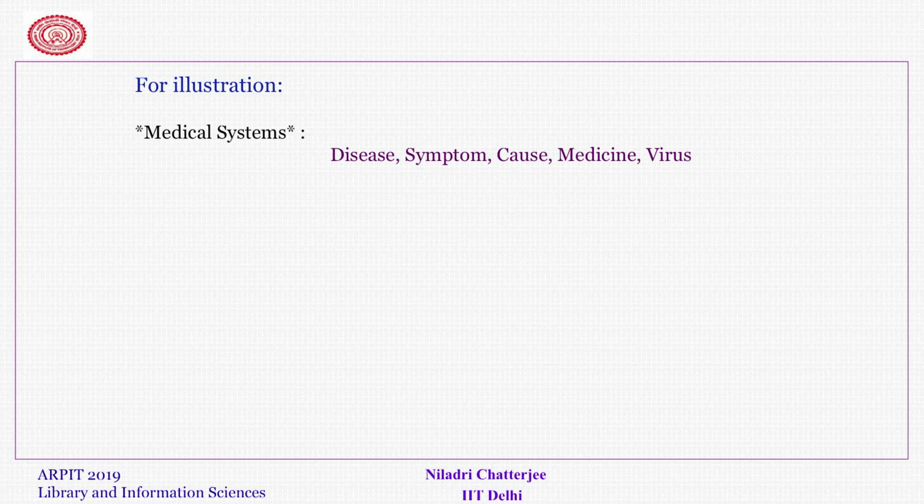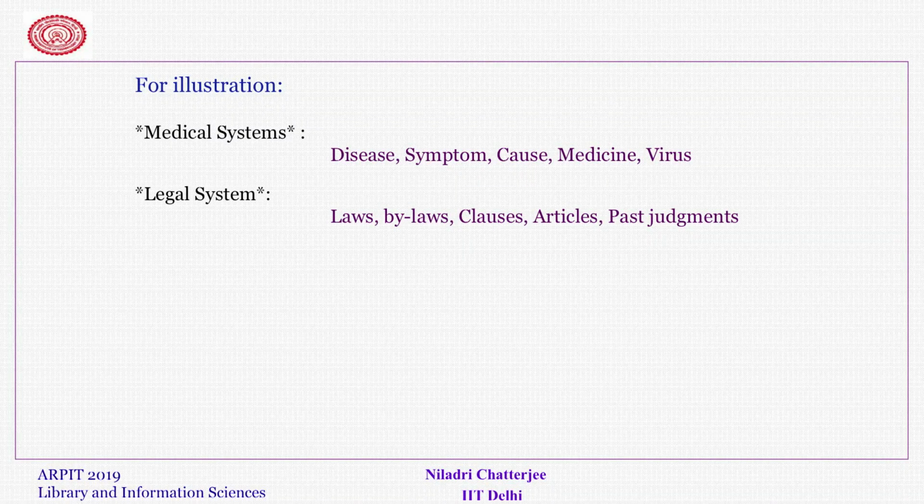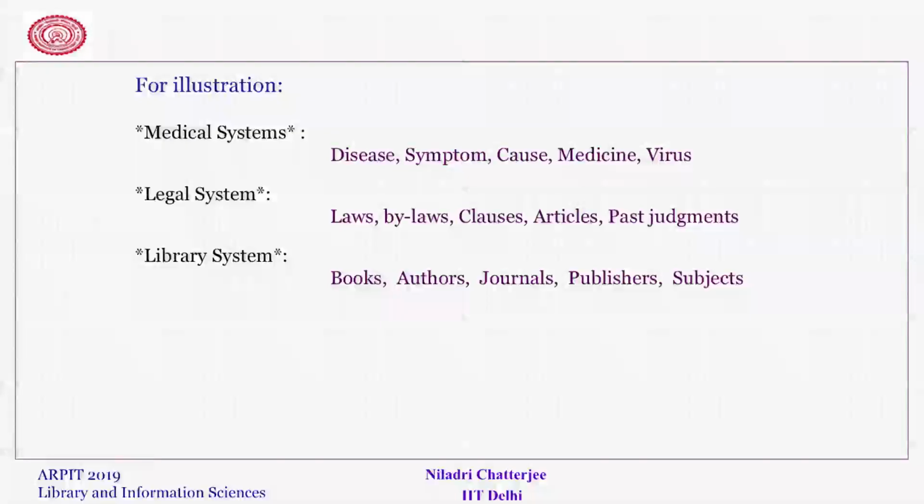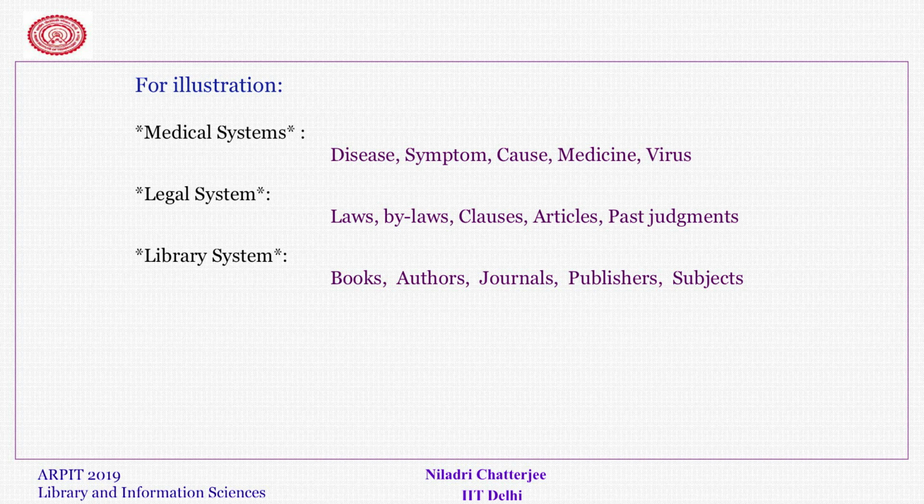For example, you cannot think of a medical system without the knowledge of diseases, their symptoms, their causes, the medicines that are appropriate for them, the virus that causes that disease, etc. In a similar way, if you are designing a legal system, you need to incorporate the knowledge of the laws, the bylaws, different clauses, different past judgments, etc. Similarly, in a library system, you may need to store the knowledge about the books, their publishers, their authors, different journals, their subjects.